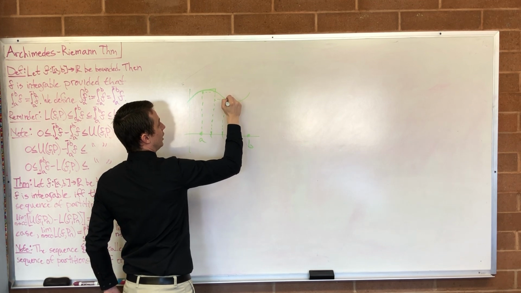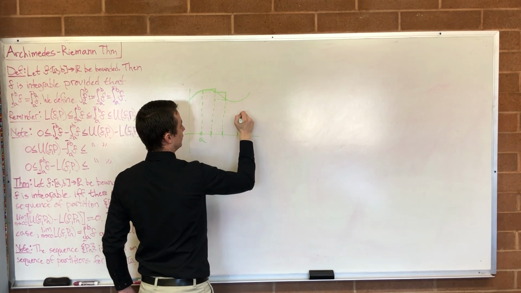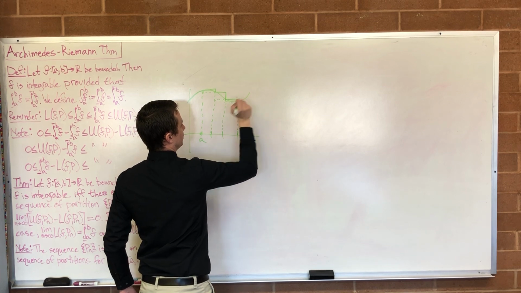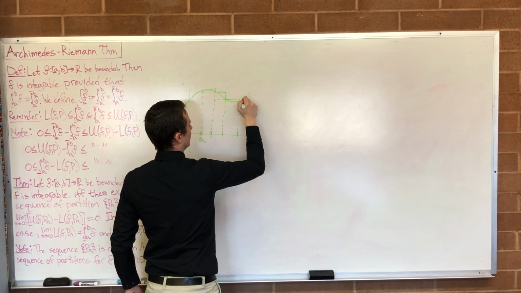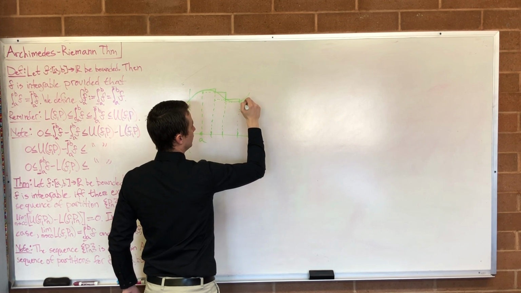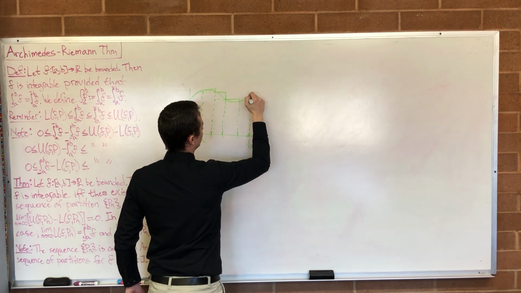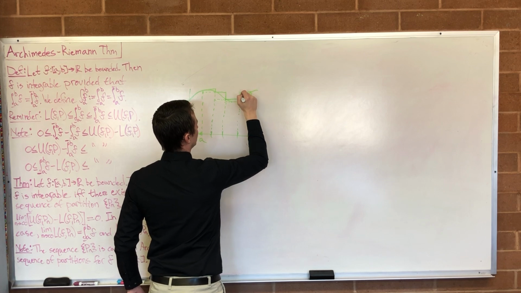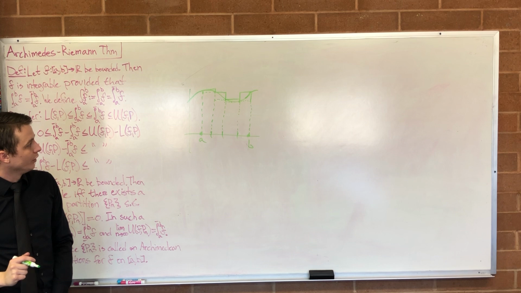And our upper would have come all the way up to here. Here, our lower would have been something like that. Our upper would have come all the way up to here. And then here, our lower, something like that, and our upper would have come all the way up to here. Something like that.